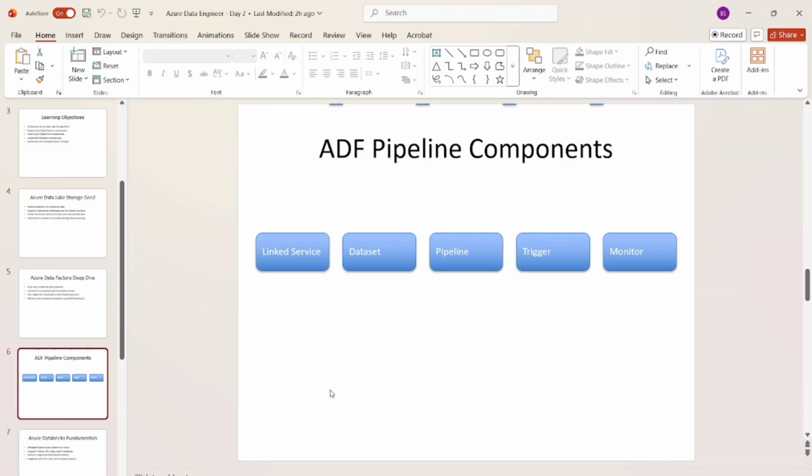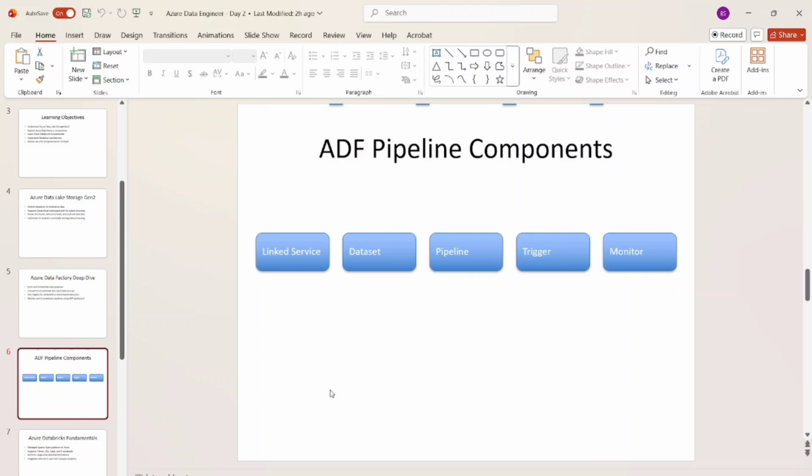Okay, so linked services. So what is this linked service? It defines the connection information for a data source or compute service. Okay, so for example, Azure SQL database connection, second is Azure Data Lake connection, Azure Databricks connection. So these are linked services.